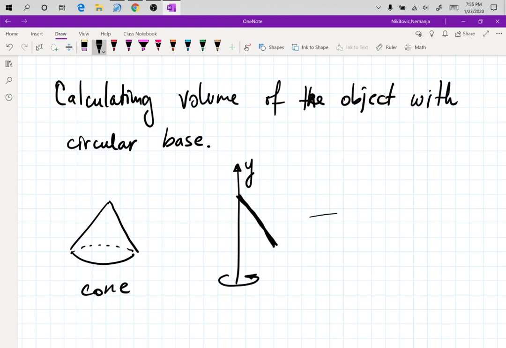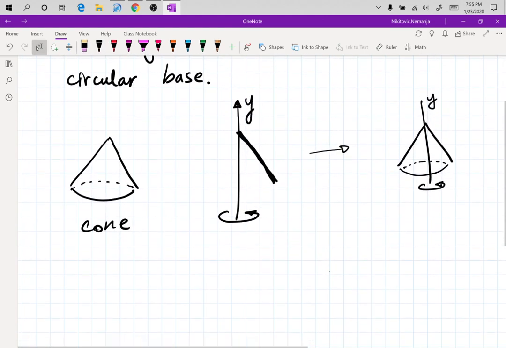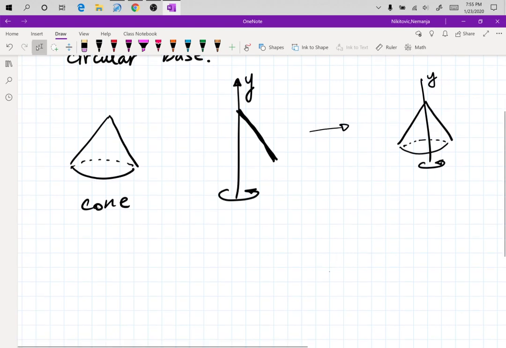What happens is the line segment will create a shape around the y-axis of rotation, and that shape will be a cone. It's also okay to rotate on the x-axis.